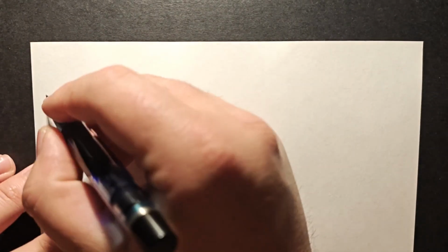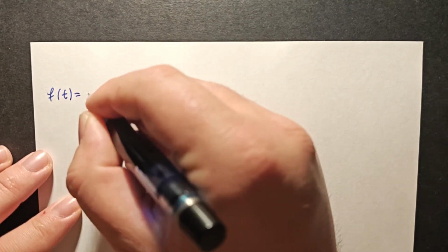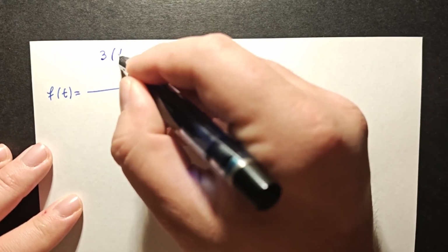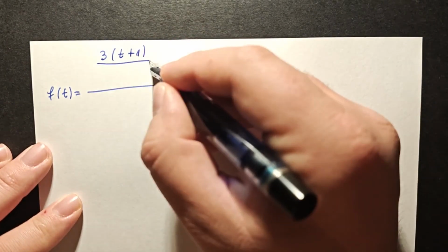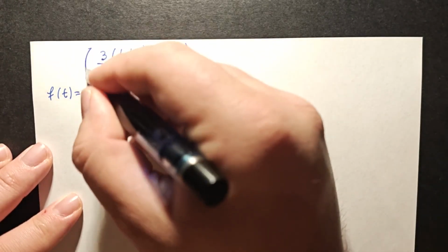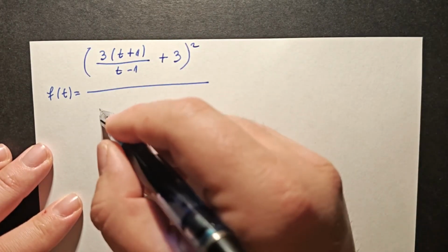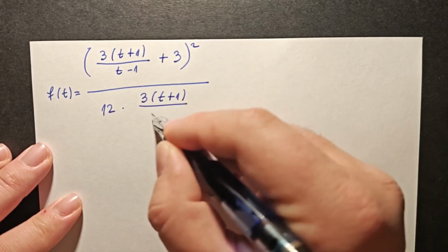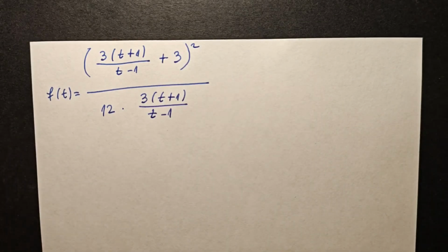So we can take that f of t is equal to a fraction. In the numerator, we have 3 as common, so we have 3 times (t plus 1) divided by (t minus 1), and plus 3 squared, divided by 12 multiplied by 3 times (t plus 1) divided by (t minus 1).